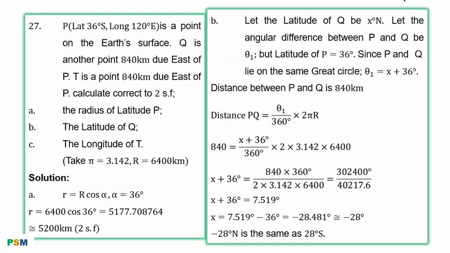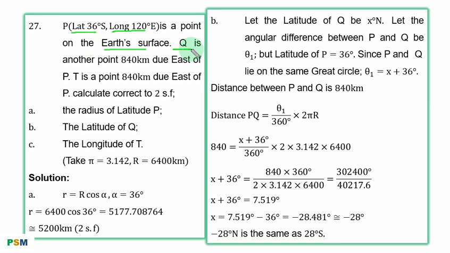Example 27. Point P with latitude 36 degrees south, longitude 120 degrees east is a point on the Earth's surface.